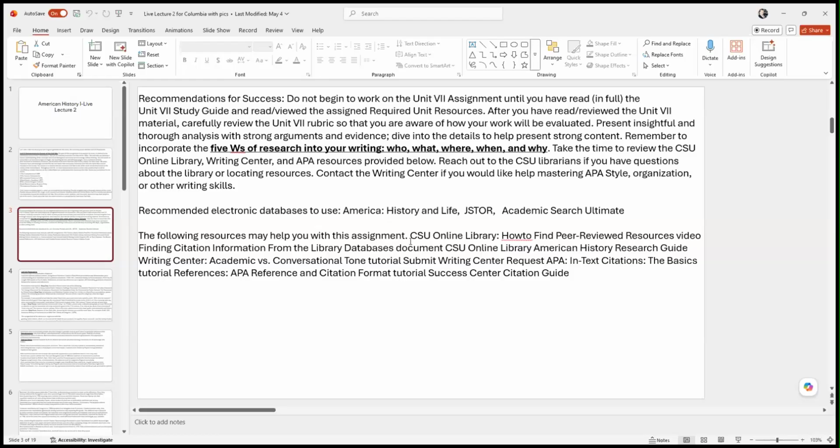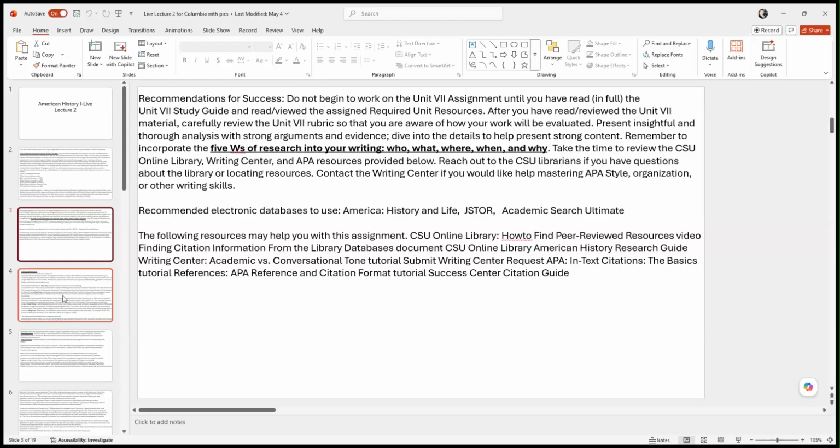So you really shouldn't have too much trouble finding your sources. If you have any questions, you can always email me. If writing a research paper is challenging for you, I would really recommend contacting the Writing Center at CSU. They're very nice people, and they can provide a lot of assistance with writing and research papers. Okay.